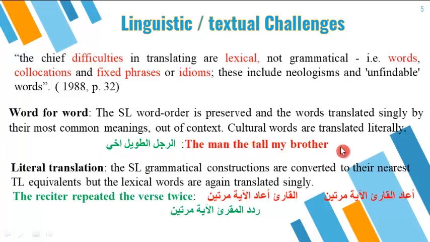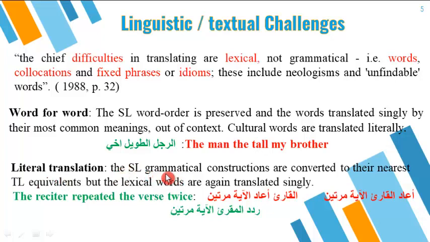Is it acceptable in English? No, it's not acceptable. So let's see the other procedure, the literal translation. The difference between literal translation and word for word is that the grammatical construction, it means the word order, for example, is converted into the target language equivalent.